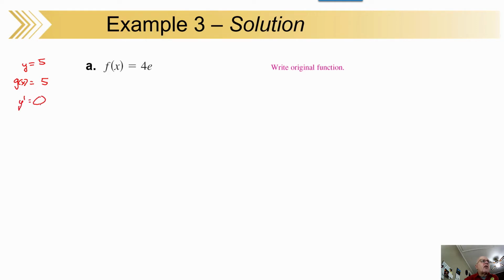The derivative of a constant is a constant because if y is not changing, then the slope is 0. And this is an indication of how fast it's changing.